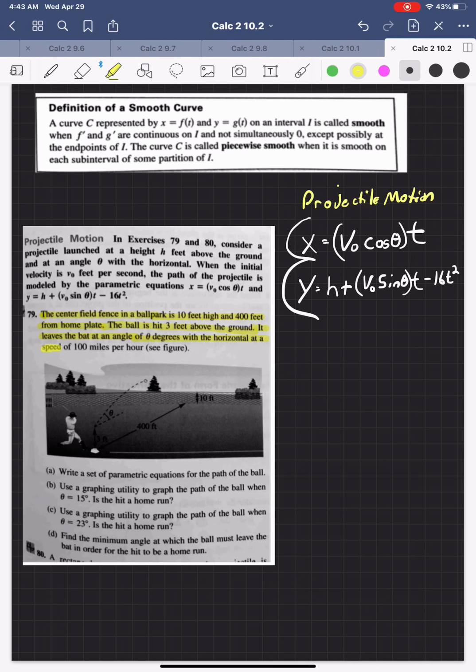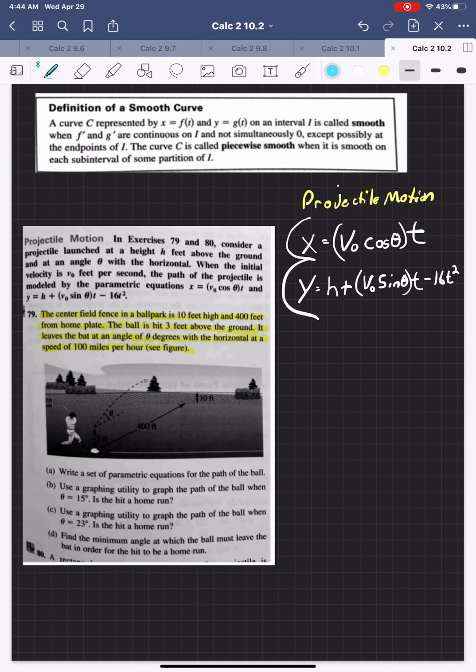And the initial velocity the bat makes with the ball is 100 miles per hour. The very first question asks us to write a set of parametric equations for the path of this baseball. All we're doing at this stage is plugging in what we know into this equation. The thing we don't know yet is theta.